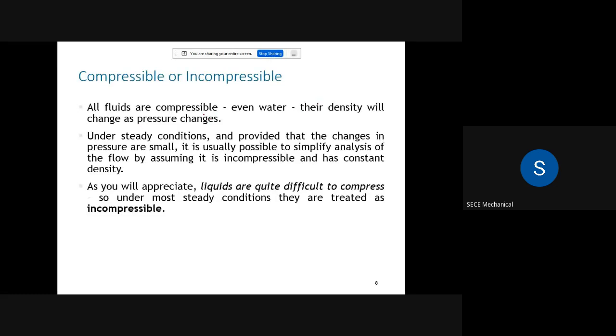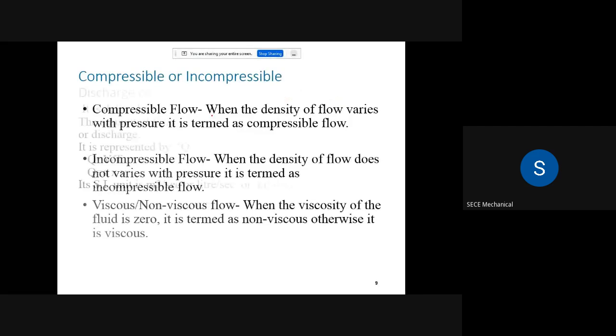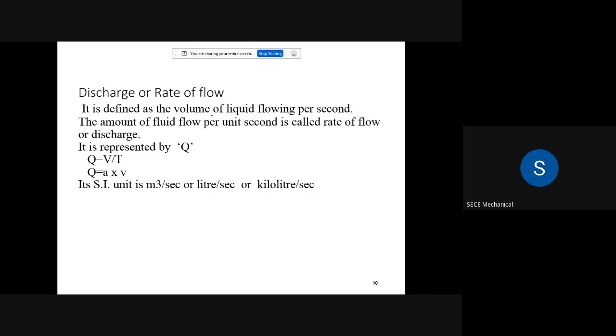When the pressure increases, the density will reduce. Yesterday we saw the variation of viscosity with temperature. Now the next important concept is the rate of flow, or discharge.